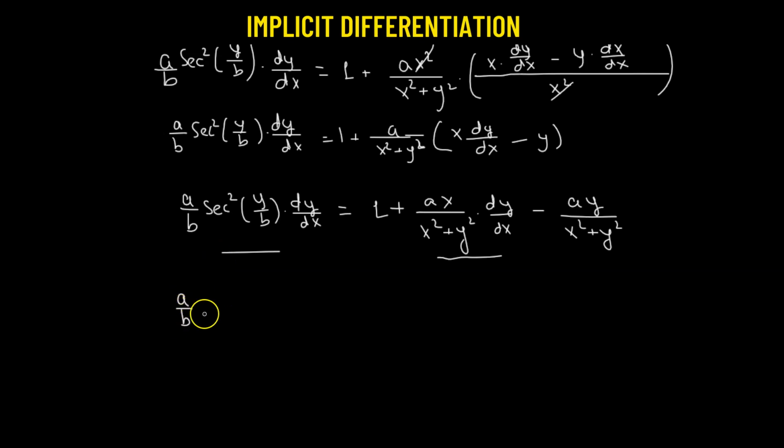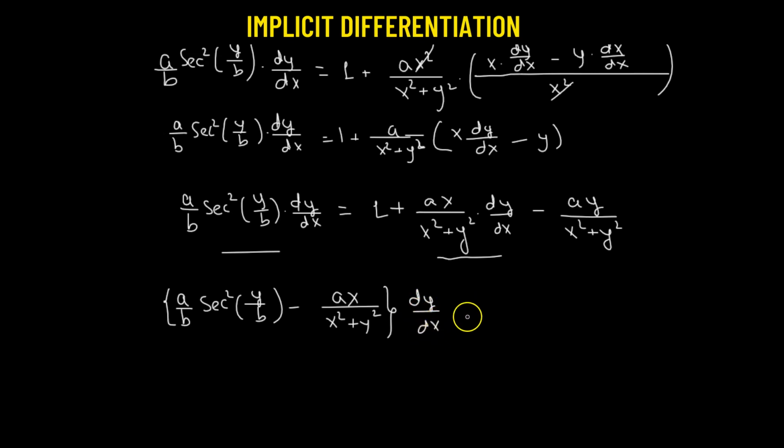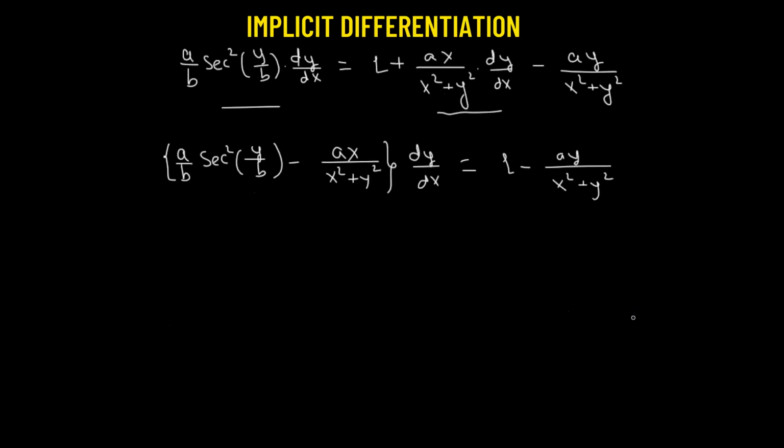So we have a over b multiplied to secant squared y over b minus ax divided by x squared plus y squared, whole multiplied to the derivative of y with respect to x. So this will equal 1 minus ay divided by x squared plus y squared. Now we're going to multiply throughout by x squared plus y squared.